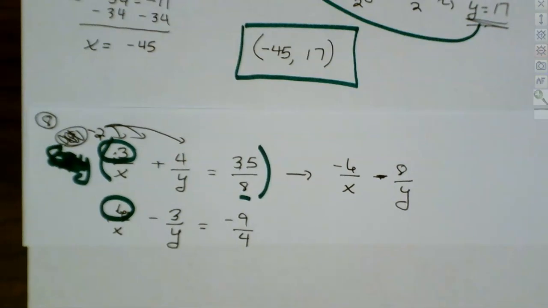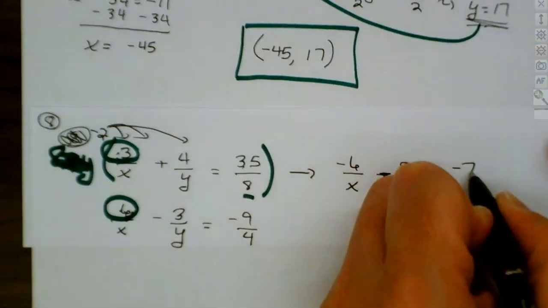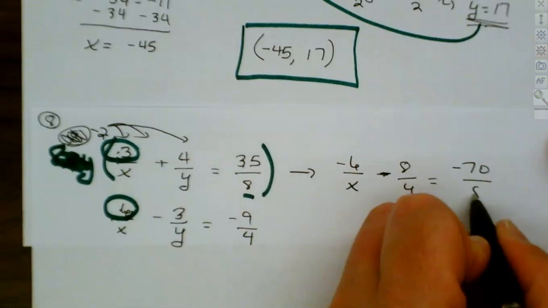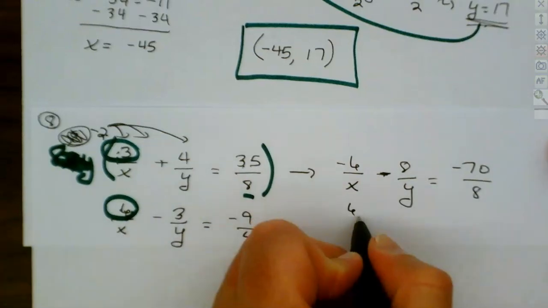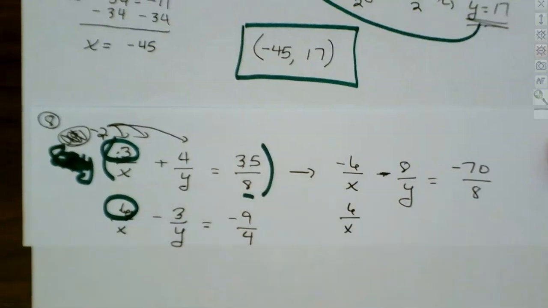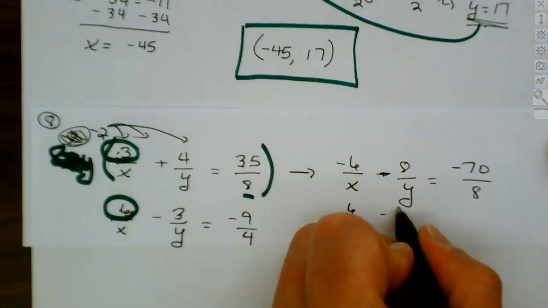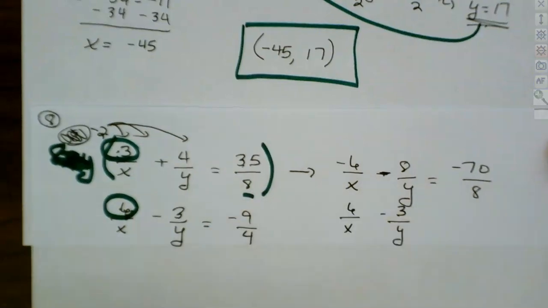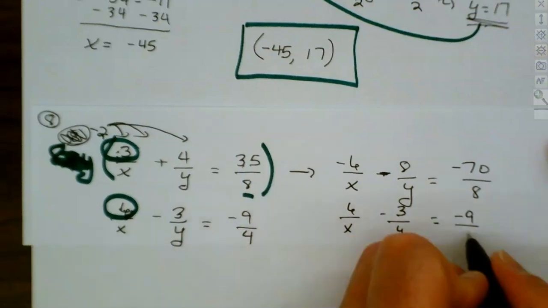That should be a 70, isn't it? It's going to be a, watch your signs here, -70 over 8. Now, down below, I already have a 6 over x. So that's nice. They're going to cancel out. And then I have a -3y here. And then that's a -9 over 4 here.